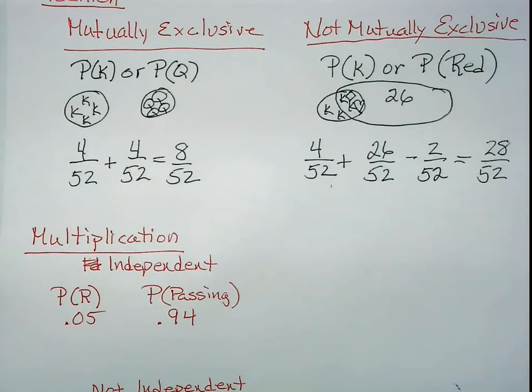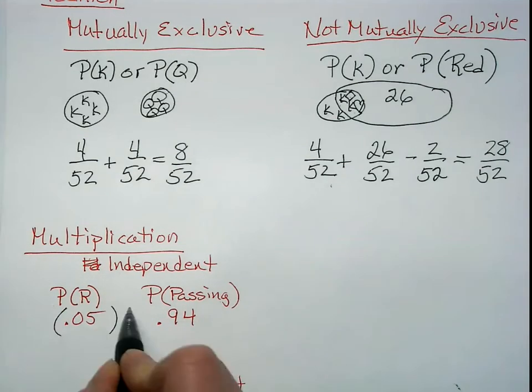Multiplication rule is 2 events. For example, you need to understand the definition of independent. The probability, let's say, of driving a red car and the probability of passing statistics. Well, I gave you the probability of driving a red car is 5%. The probability of passing statistics, let's say it's 94%. 2 events happening.